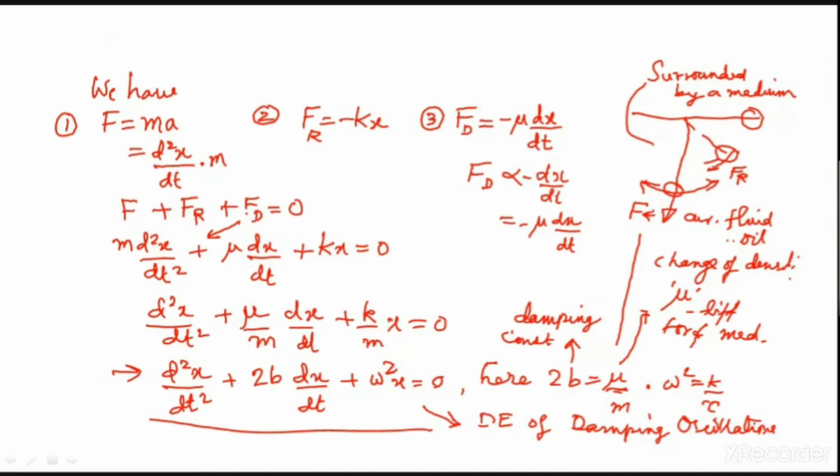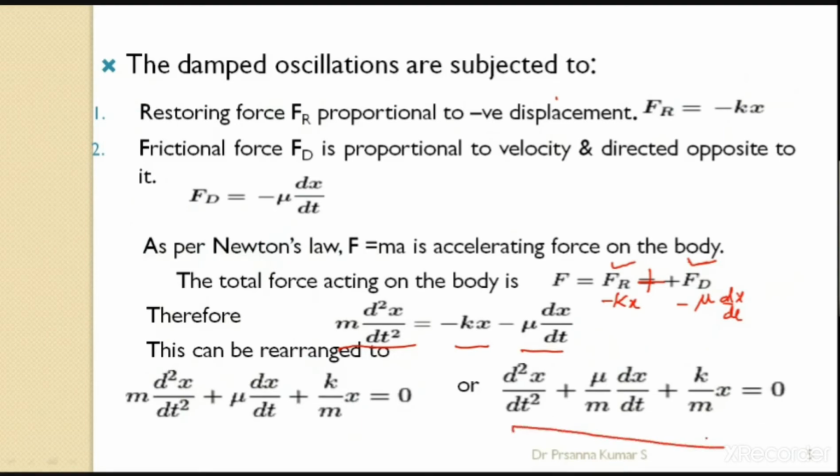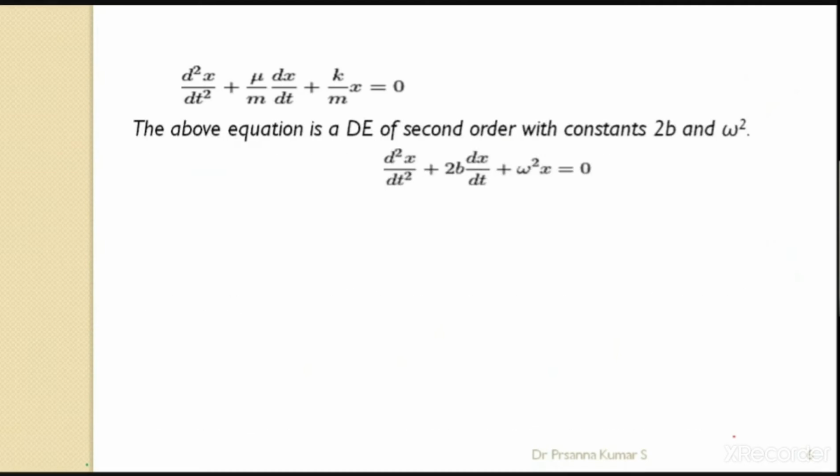Okay. That is what you have seen here. That is what I have described here. So now see that this is what we got. This is the expression we got, the second order differential equation with a constant 2b.